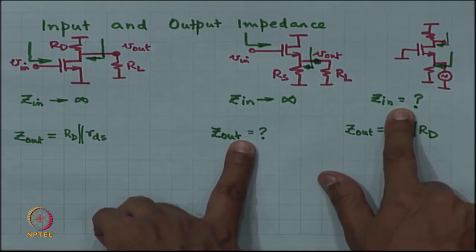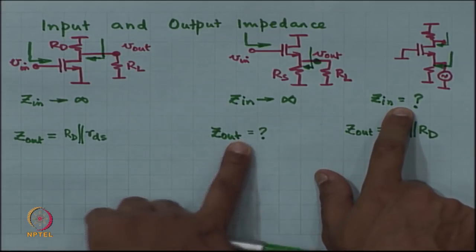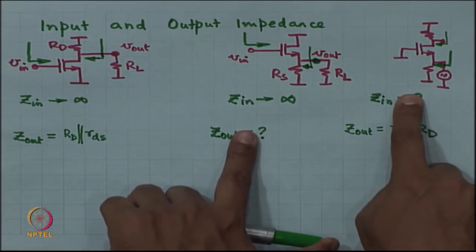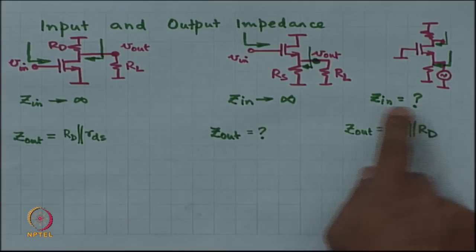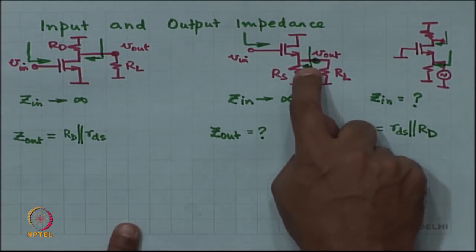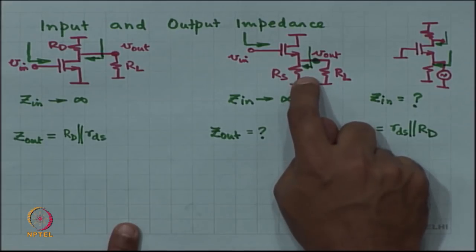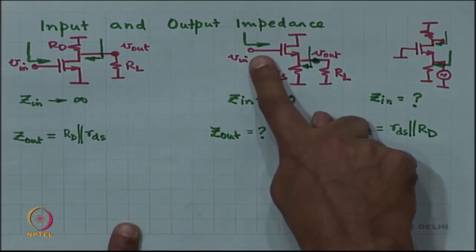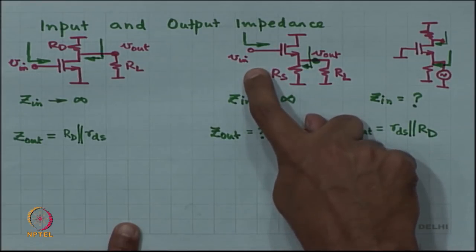Notice that these two are also the same, right, just like these two are equal, these two will also happen to be equal, just check that, right. One is you are looking into the source, source has R S to ground, and then you have got MOSFET, gate is at ground.